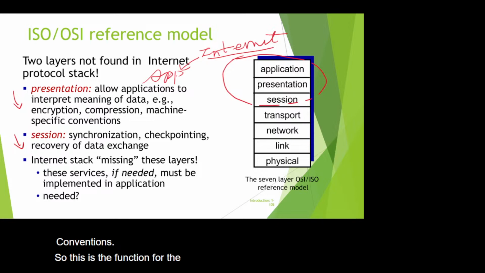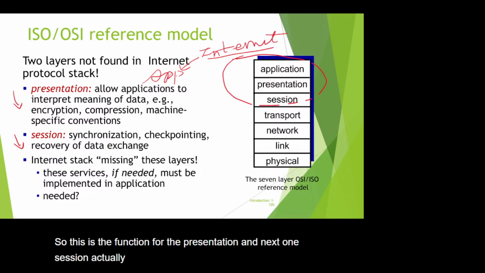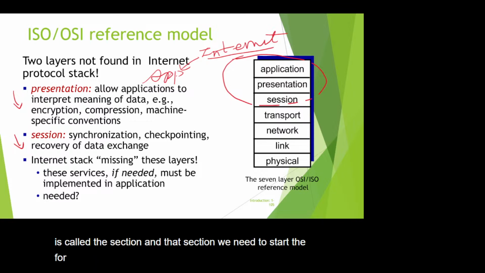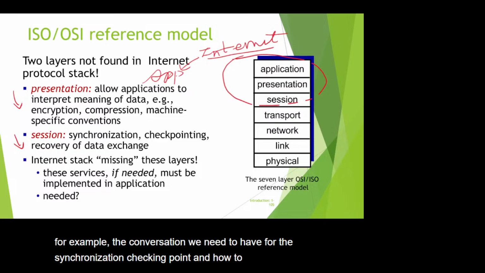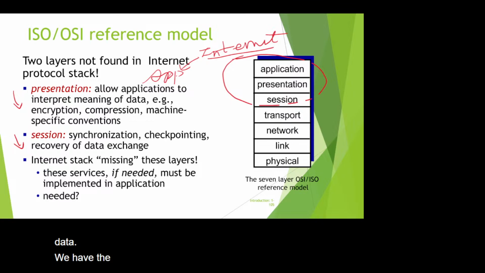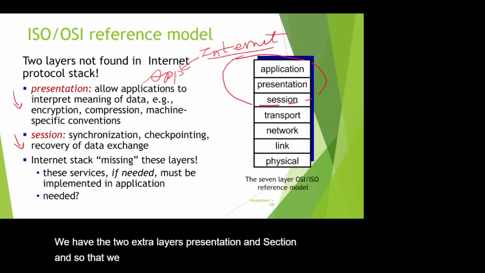And next one, session. Actually, if we have video conferencing, that is called a session. In that session, we need to start, for example, the conversation. We need to have synchronization, checkpoints, and a way to recover the data. Well, we have the 2 extra layers, presentation and session.